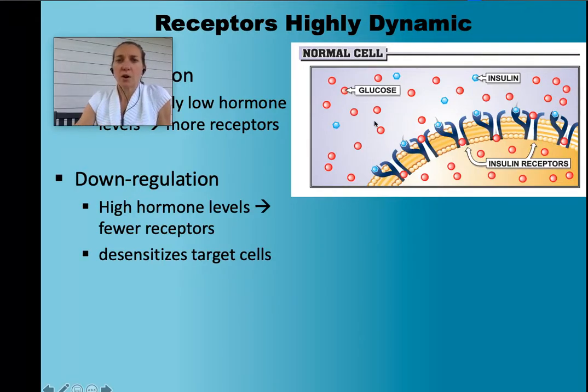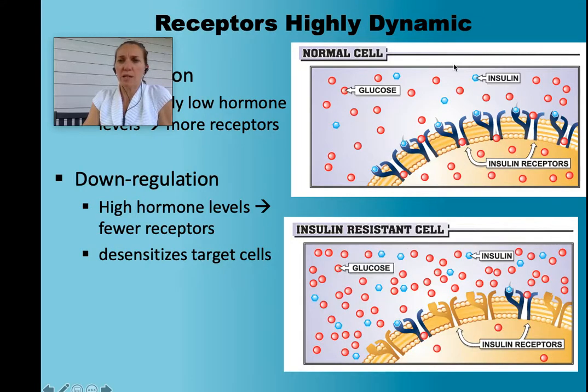And so if over time the body is constantly having to produce a lot of insulin, then what these cells will do, let's imagine these are hepatocytes in the liver, is the DNA in the cell will start coding for fewer of these very specific proteins, fewer of these insulin receptors. And so we go from a scene that looks like this to a scene that looks like this.